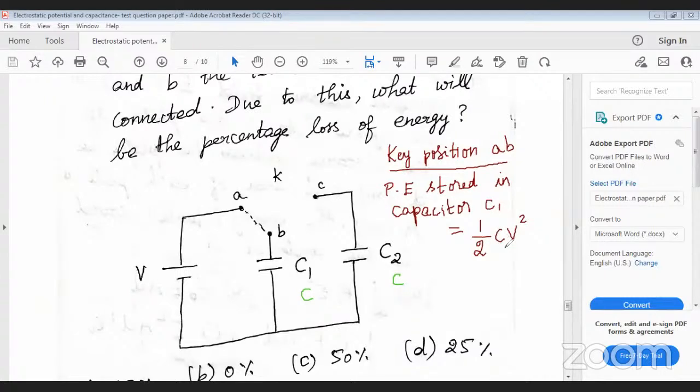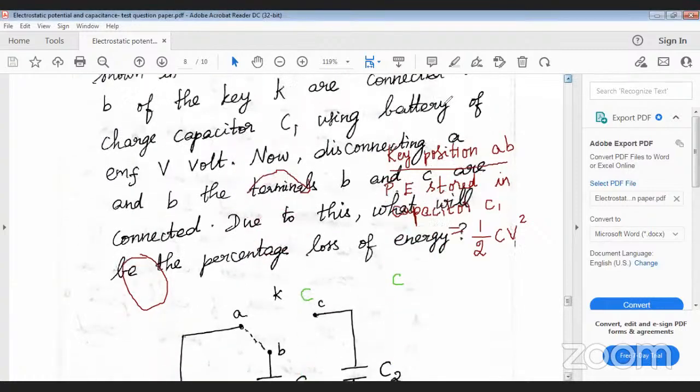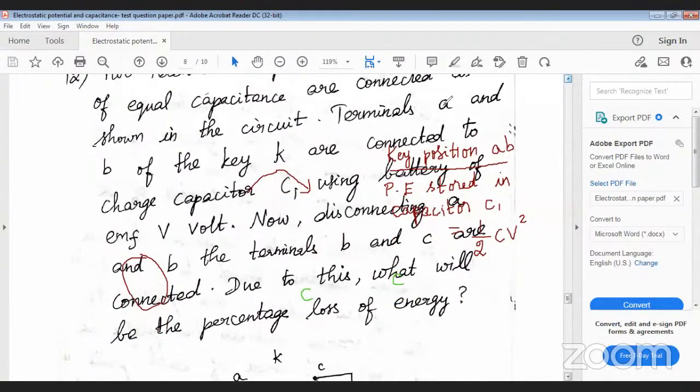Now what they are doing is they are not actually switching off this source. Instead, they are changing the key position to here. This is what has been mentioned: disconnecting A and B, the terminals B and C are connected.